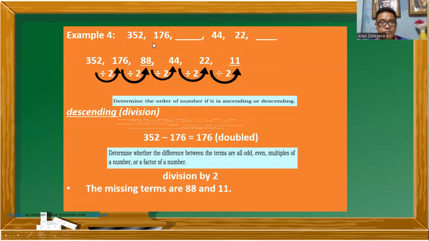So if it is descending, the operation to be used is either subtraction or division. So we have to subtract 176 from 352.